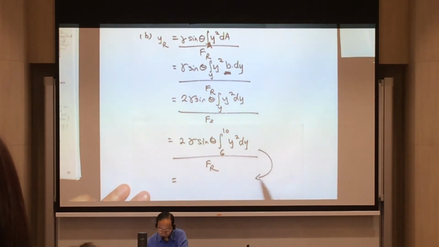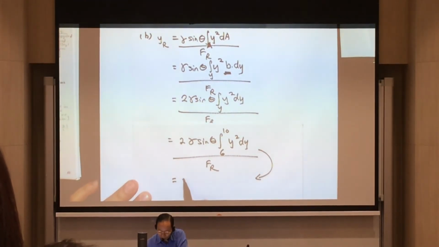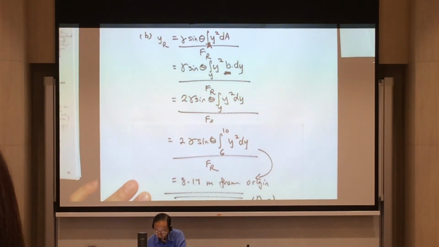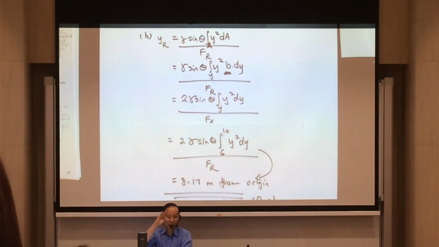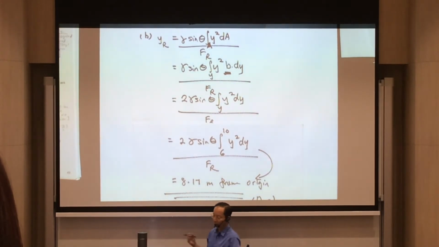From there to there, I'm sure you can do it. You put in all the numbers in there, it will give you 8.17 meter from origin. Origin is water surface. Okay, answer. I leave you to work out the error yourself. Simple trigonometry and simple calculus.